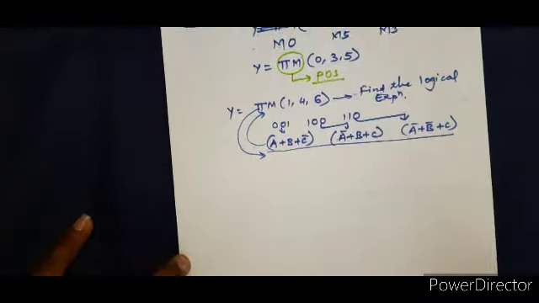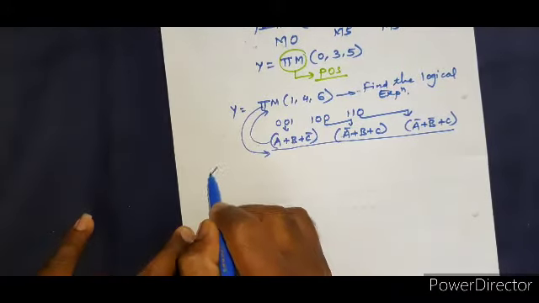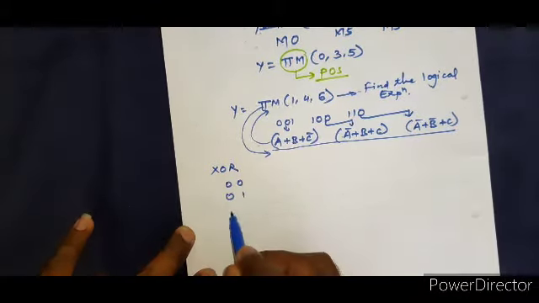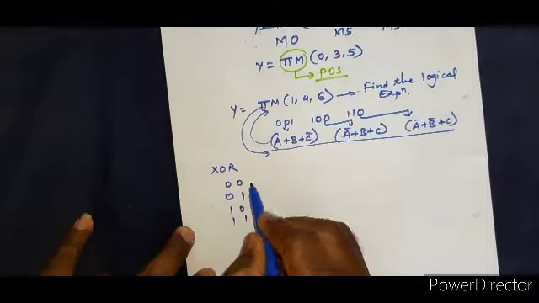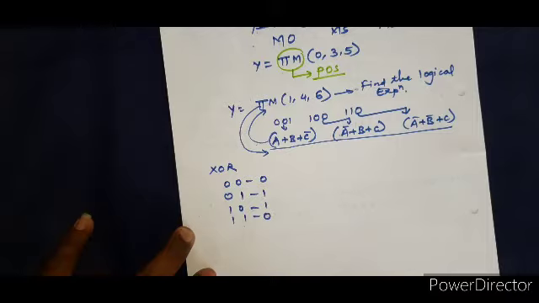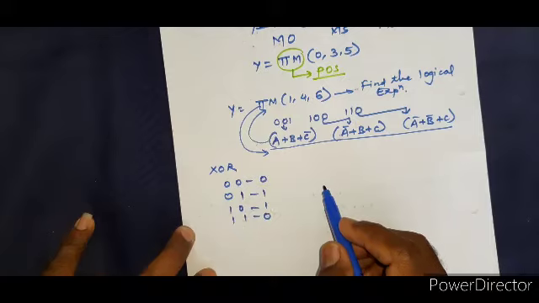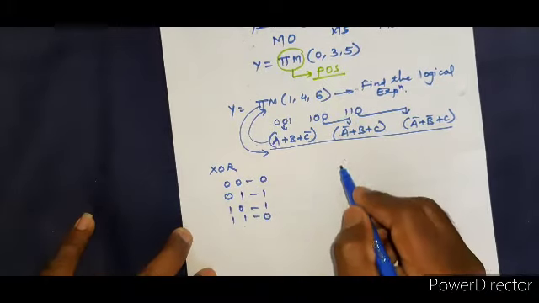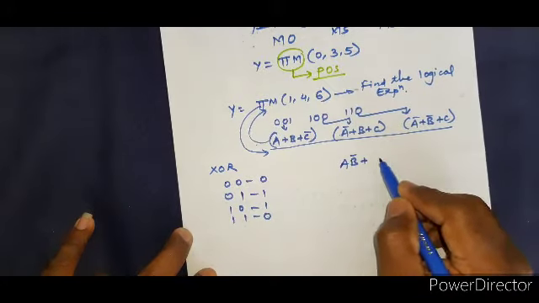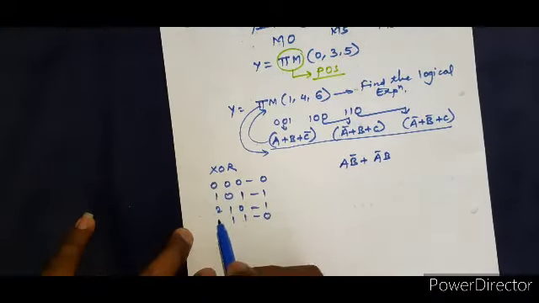Now consider the XOR gate. For the XOR gate we have outputs 0, 1, 1, 0, and we have seen that XOR is A B bar plus A bar B, meaning rows 0, 1, 2, 3.